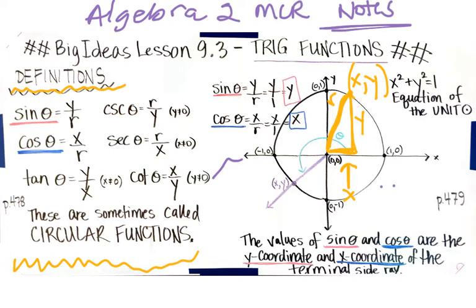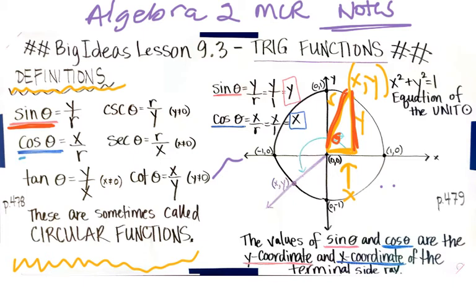So instead of writing sine theta like we have been before, here's theta. Now we're going to write opposite over hypotenuse. That's where the y over r comes from, opposite over hypotenuse.